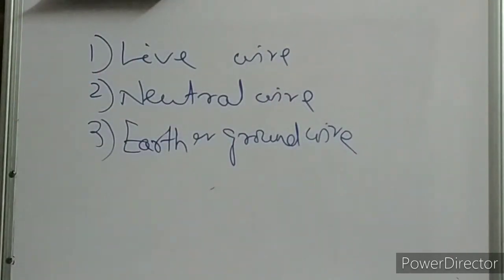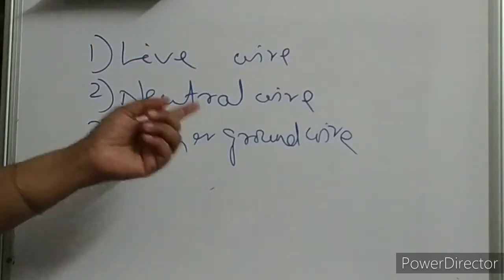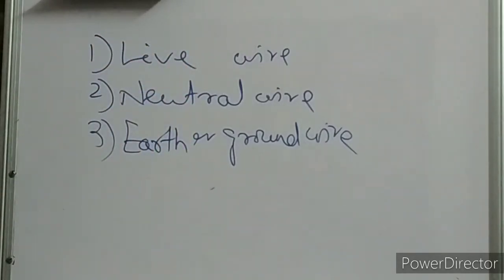So here both live and neutral wires are connected to the main switch, children. Everybody I think has heard of this fuse, main switch, main supply, all those things. This main switch is actually a double pole switch. Okay.